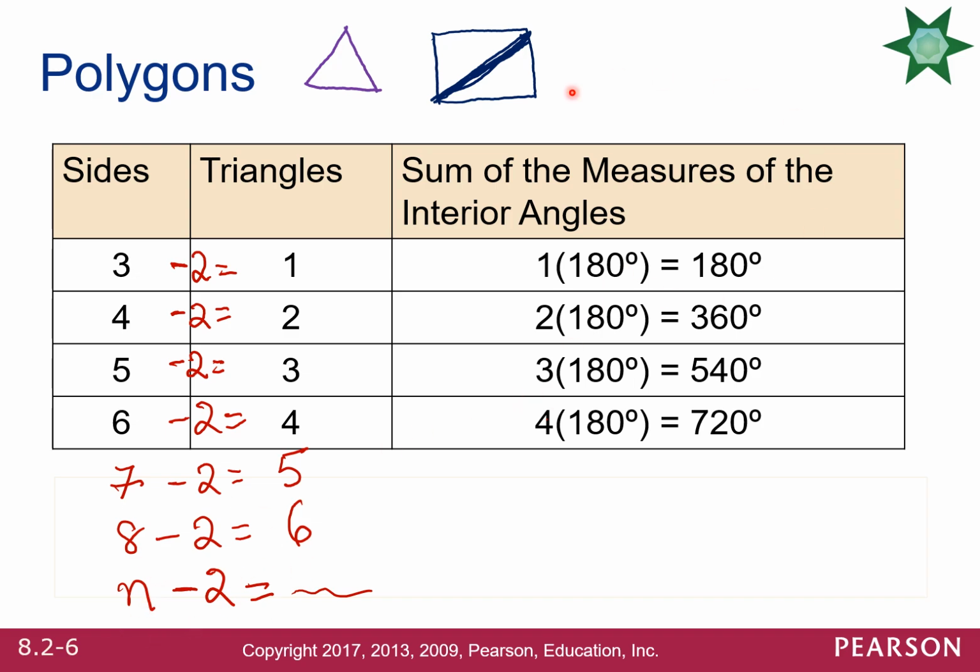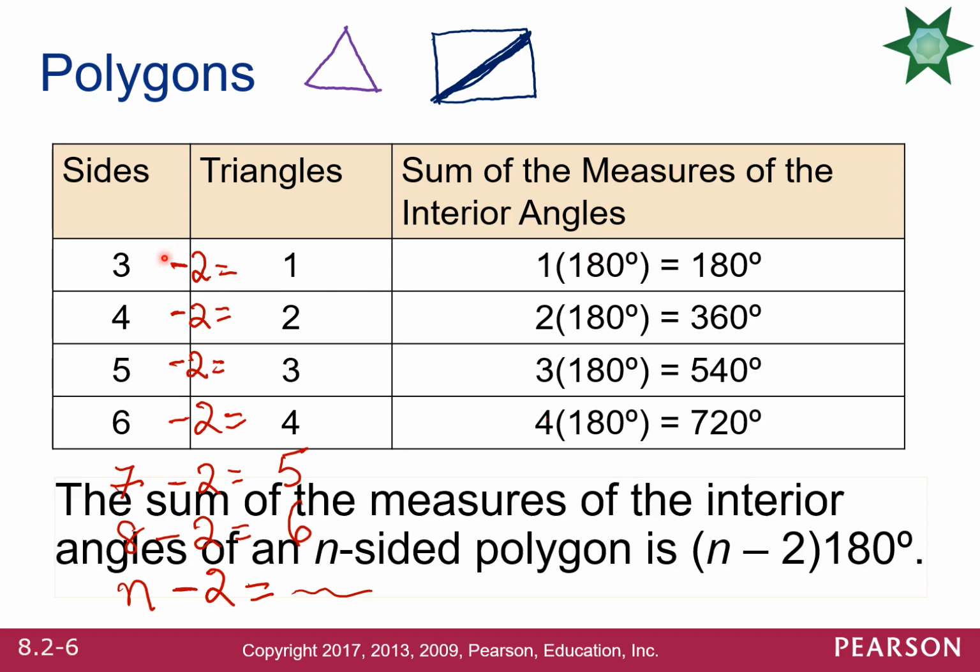Now, the sum of the measures of the interior angles. If it's a three-sided figure, then it's however many triangles it has multiplied by 180 degrees. So in a triangle, the sum of all the angles is 180 degrees. All right, so 1 times 180 degrees. If it's a four-sided figure, then the number of triangles within it is 2.